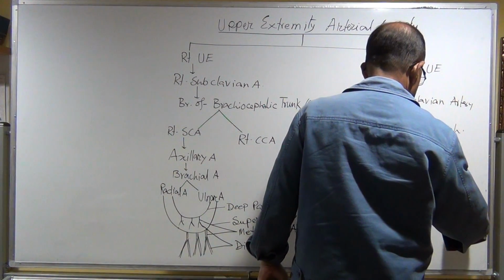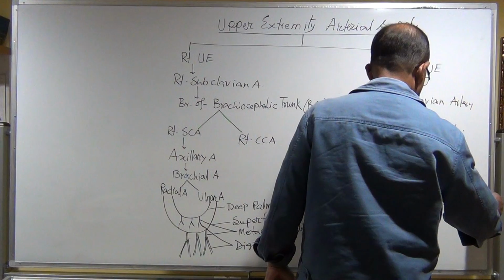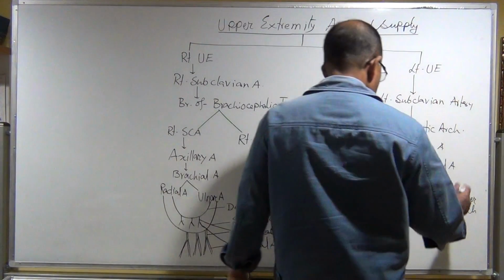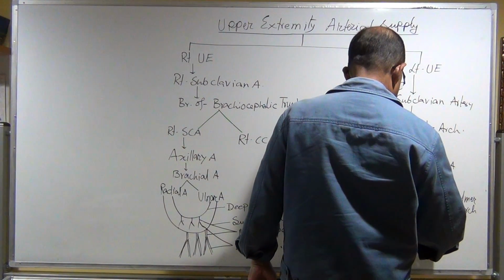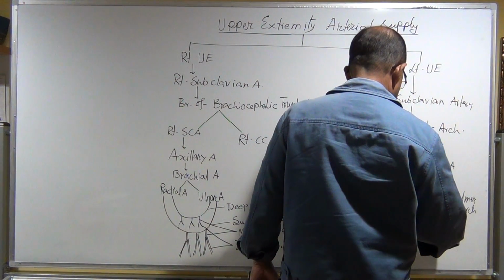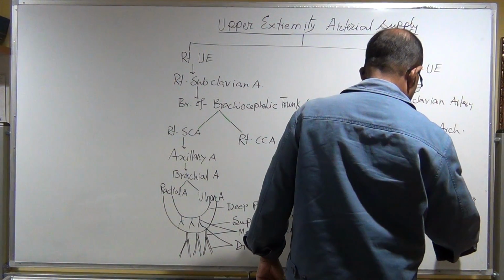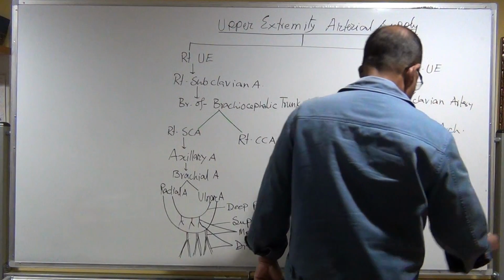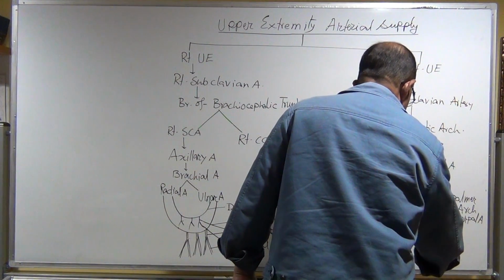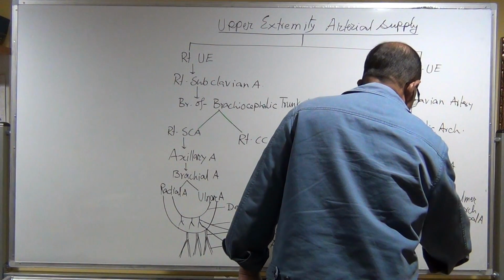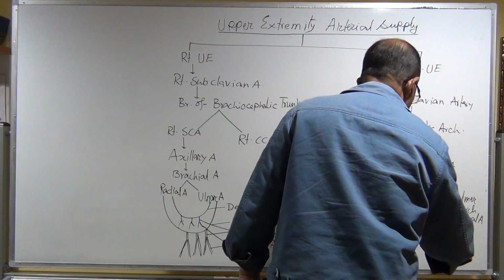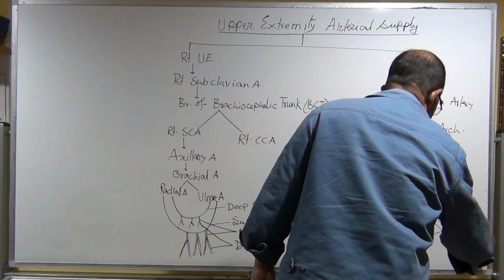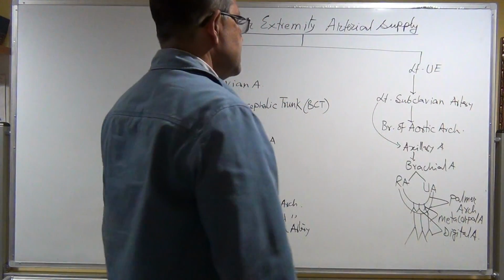These are the palmar arches, one superficial, one deep, and from the palmar arch there are the metacarpal arteries, and from the metacarpal arteries there are the digital arteries.